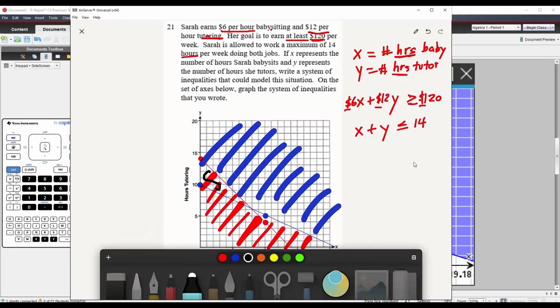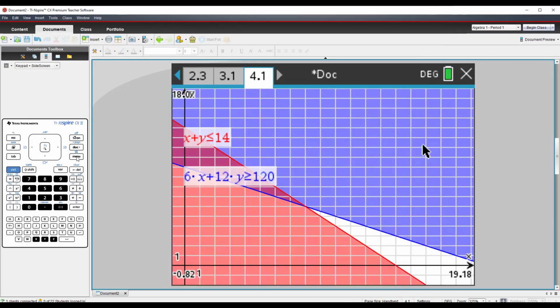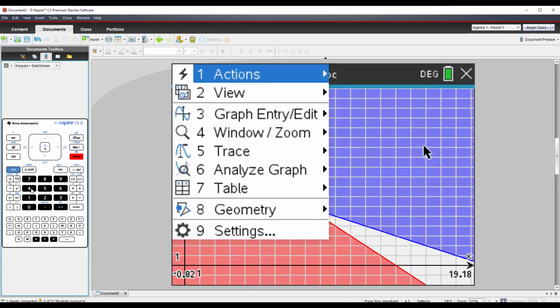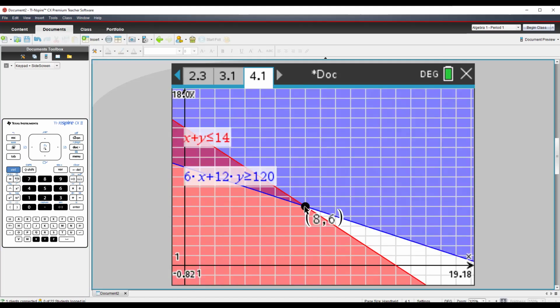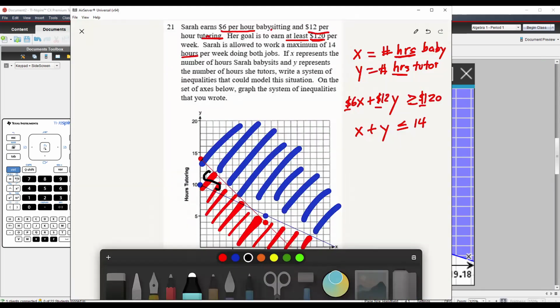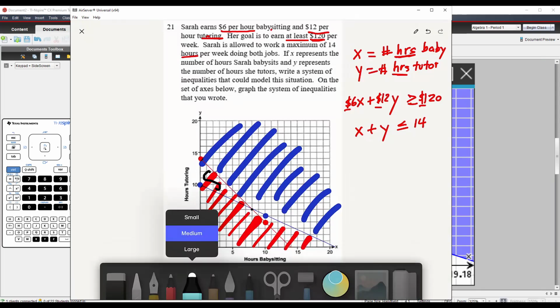Now, I'm going to find the intersection, because I know menu 64. Since these are both solid lines, this point is actually a solution. So I'm going to go to the graph paper and I'm going to put a point right here. Oops, let's make that a little larger.